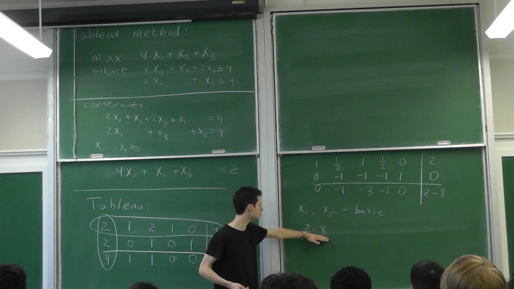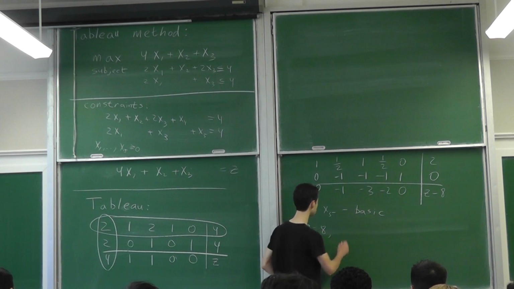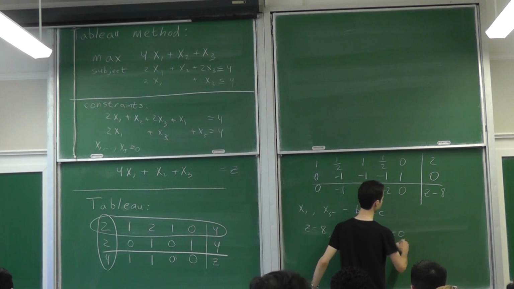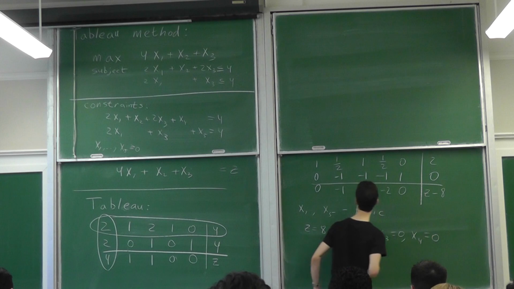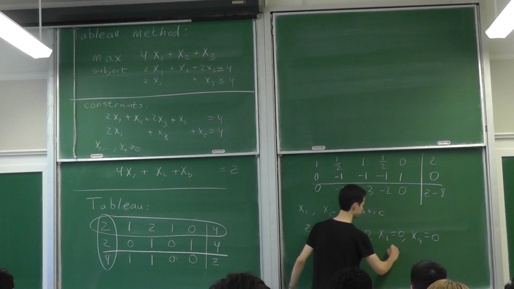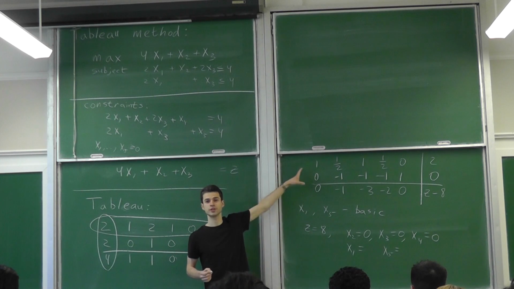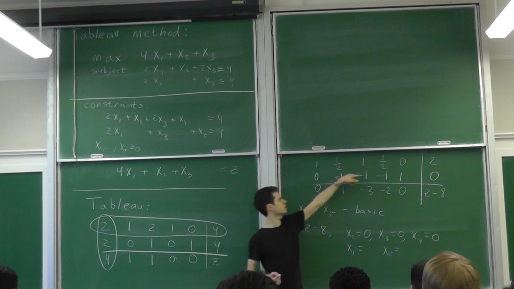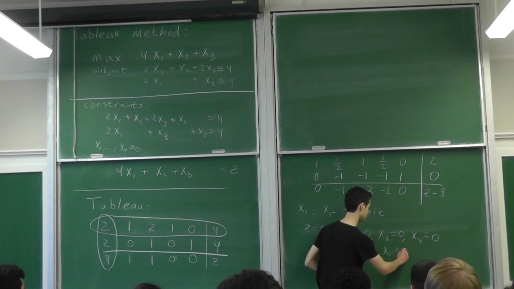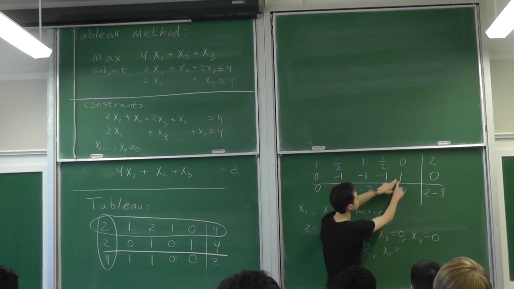So this is optimal. The only way to achieve this is to make x2 equal to 0, x3 equal to 0, x4 equal to 0. What about x1 and x5? Once again, you can read it directly from here. Once you set these variables to 0, x1 is equal to 2, and x5 is equal to 0.